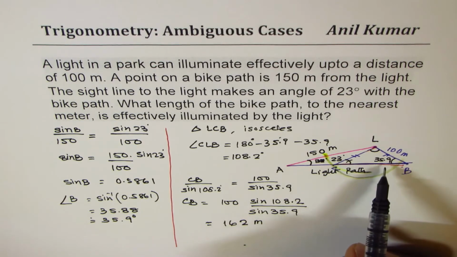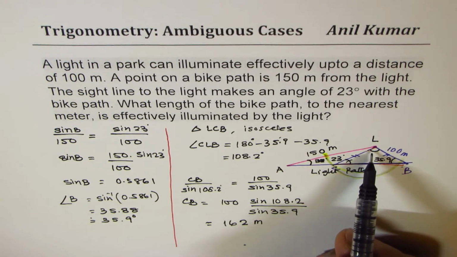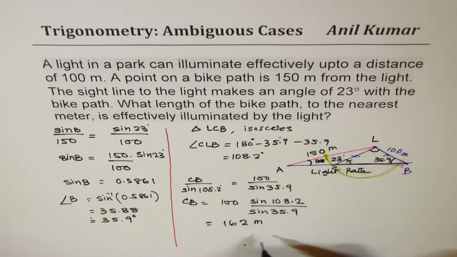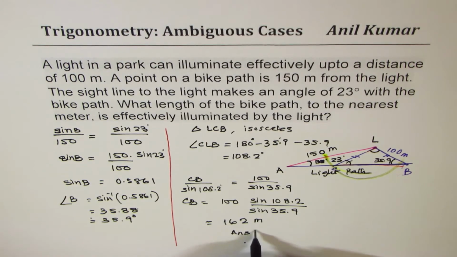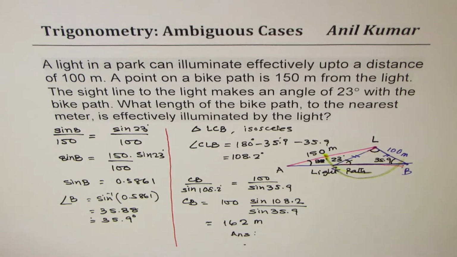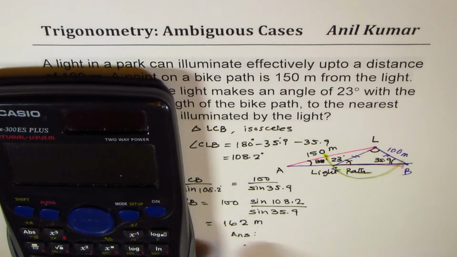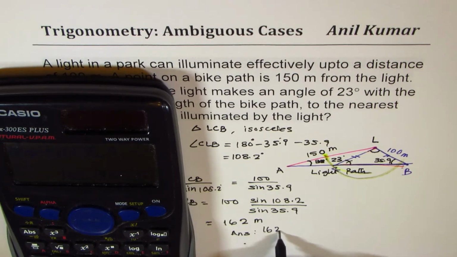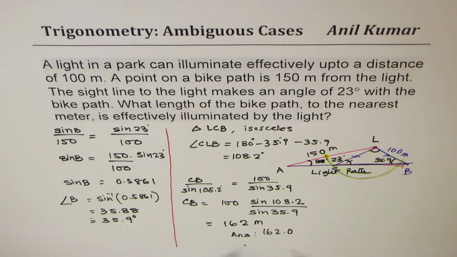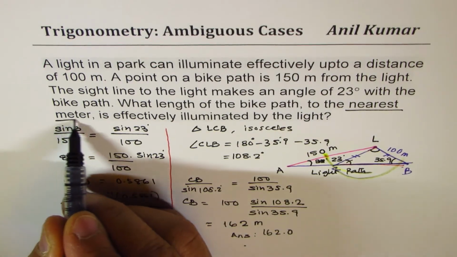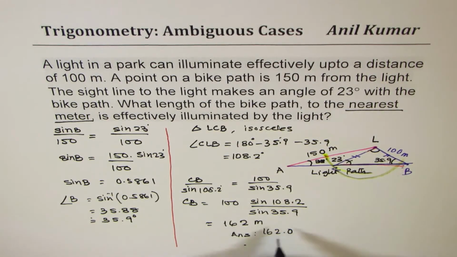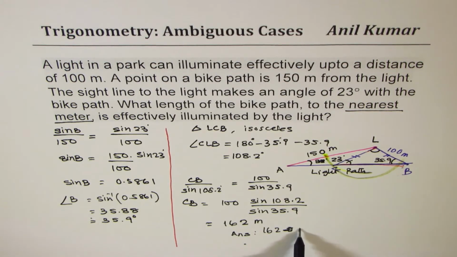Now as you can see, opposite 35 degrees it is 100, so this is a much bigger angle, so we do expect a larger value here, right? We are looking for the nearest meter, and so this is okay. So we could write this as 162 meters.